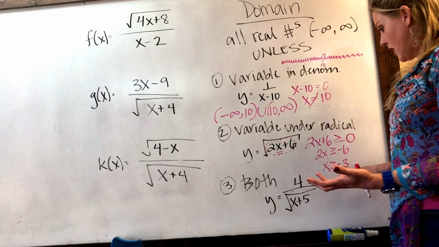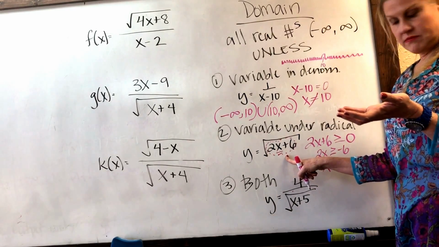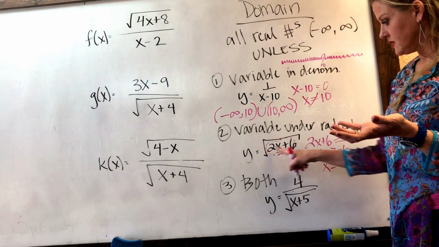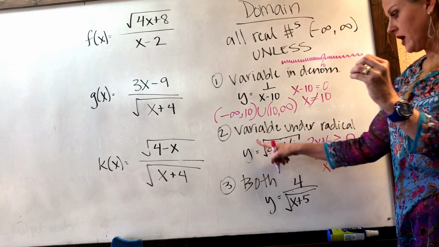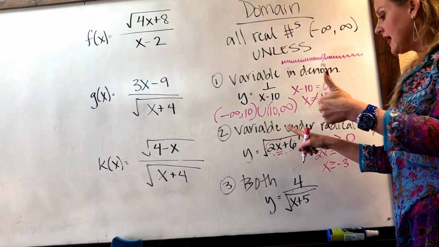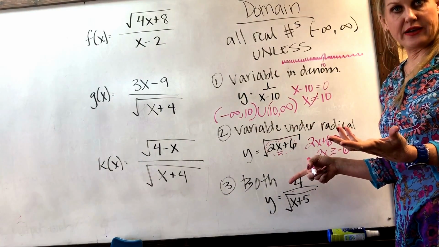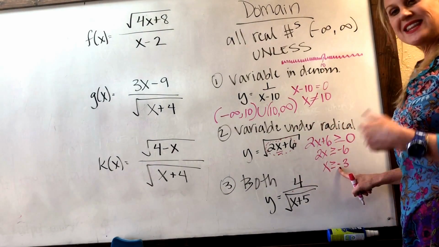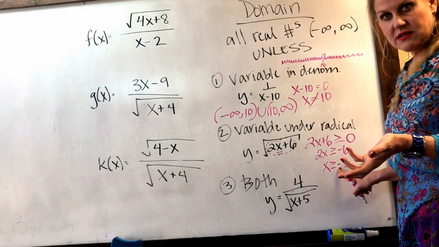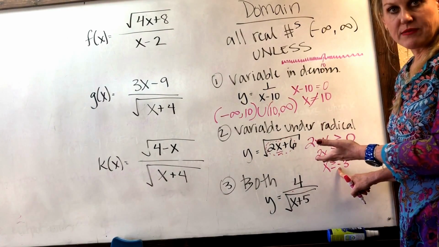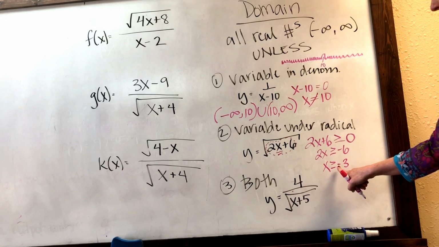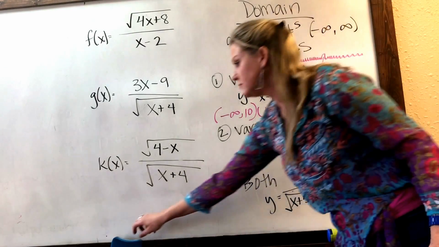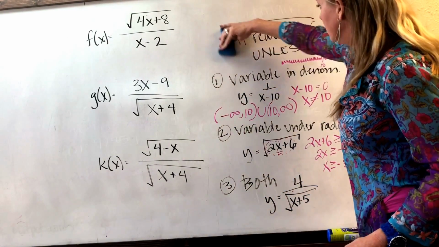So that says if I walk up to this with a -3, -3 times 2 is -6 plus 6 is 0, square root of 0 is okay, and it's 0, and that's a legal value. If I pick anything bigger than that, I'm also okay. So again, if we go to our number line, I'll get us some room up here.